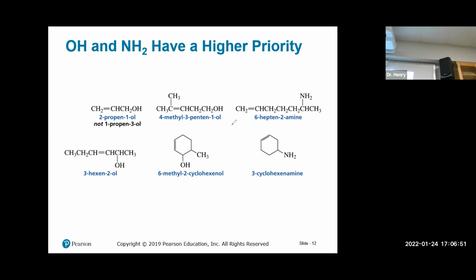You guys see that? So since the double and the triple bond are lower priority than the other functional groups, they get the last name. And that's the same thing with the amines, right? So this guy would be called 6-hepten-2-amine.